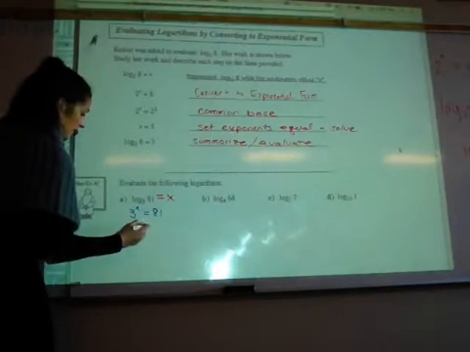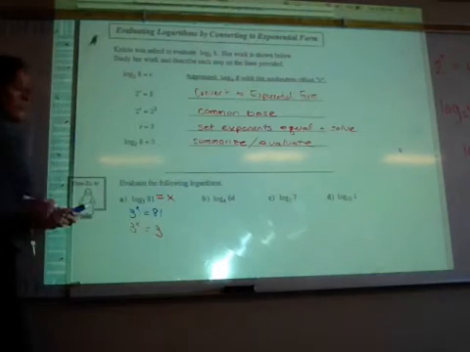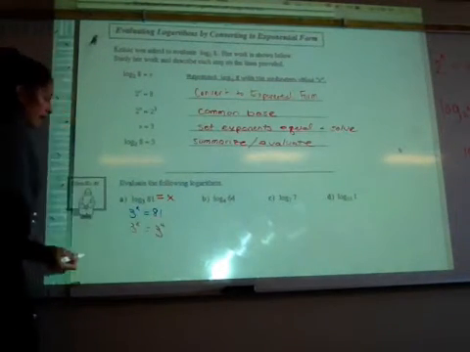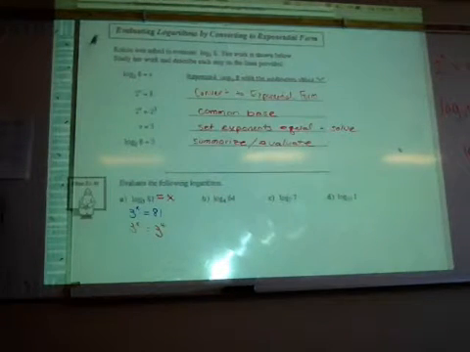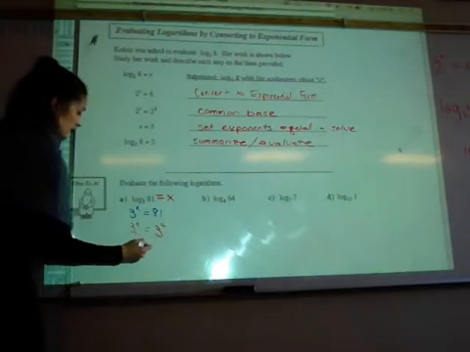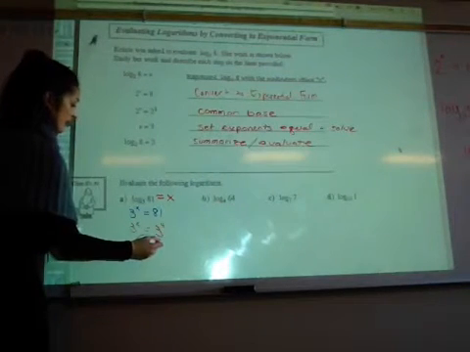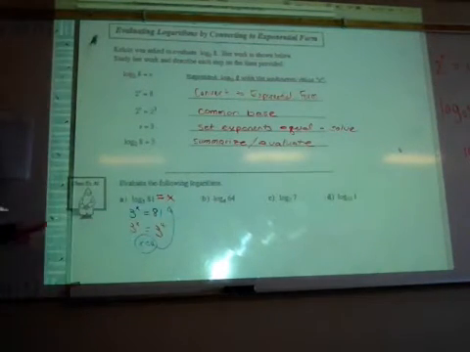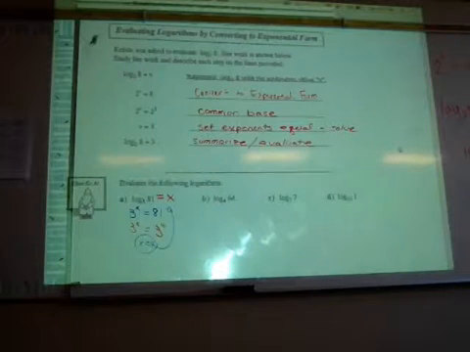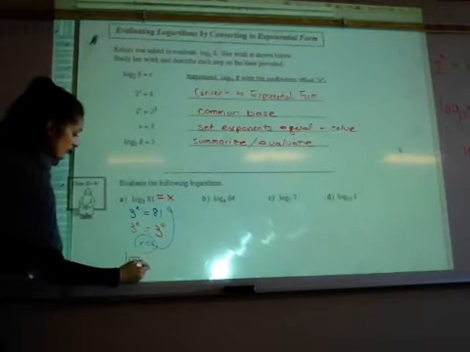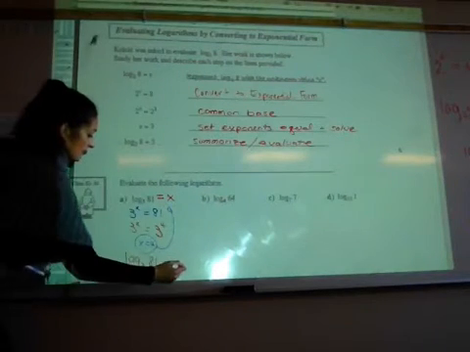So 3 to the power of x will equal 3 to the power of what gives me 81? 4. Now that we have a common base, the exponents will be equal. So we say that x equals 4. And this x, remember, was what log base 3 of 81 equals. So our final statement is that log base 3 of 81 is equal to 4.